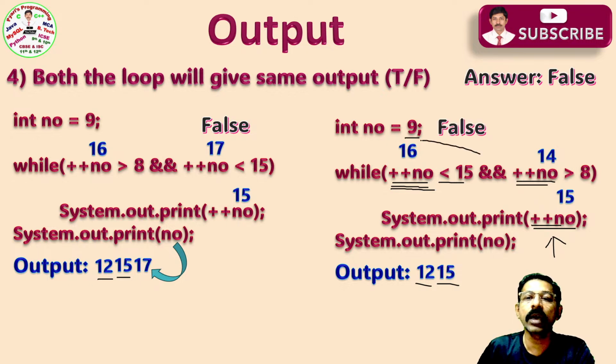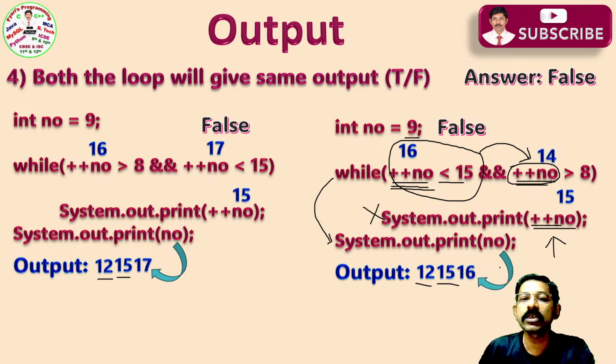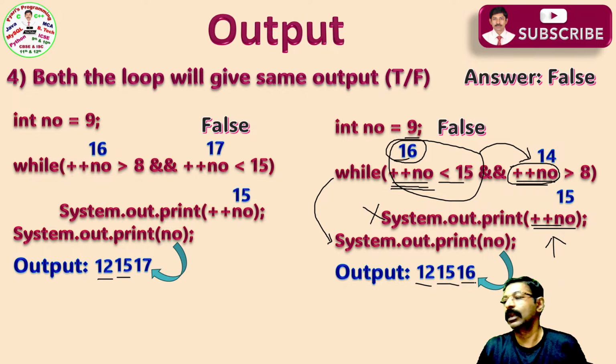If any one condition is false, then it will not execute this particular part. Hence, this plus plus is not executed. And because the loop is false, this statement is not executed. It will execute this one, where the last value of NO, updated value of NO was 16. So here it is getting 16.